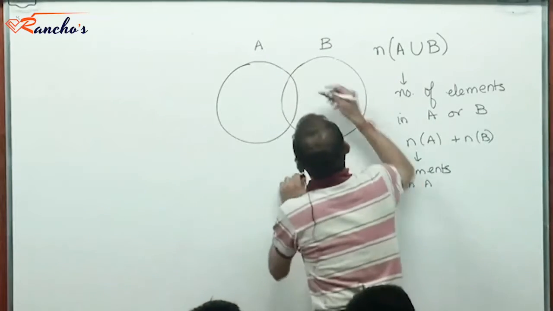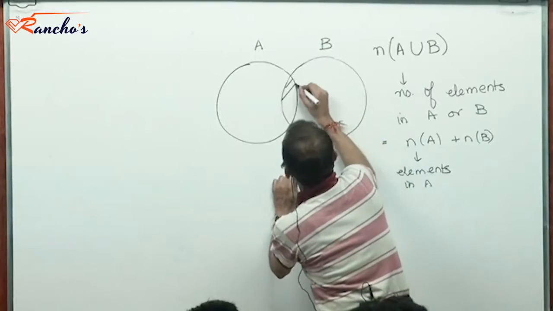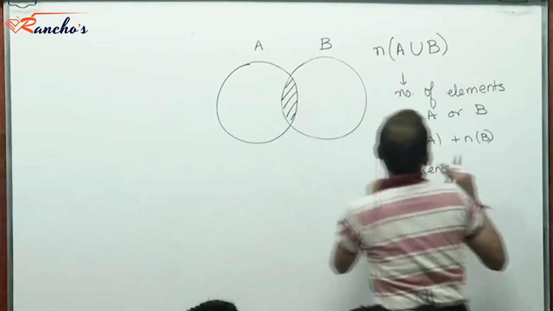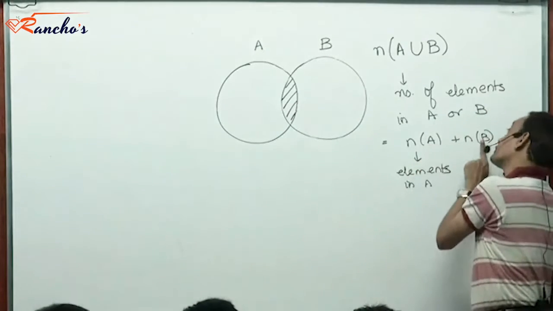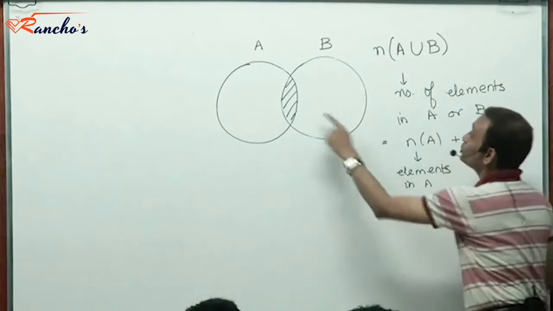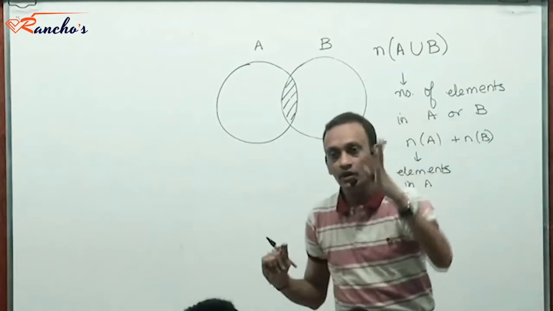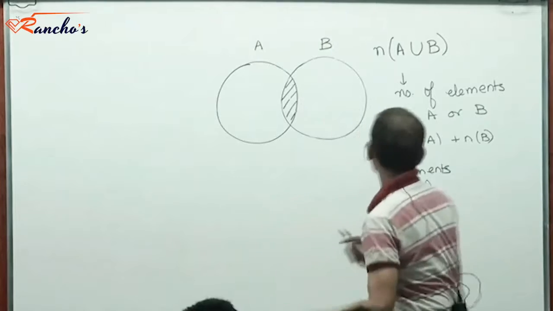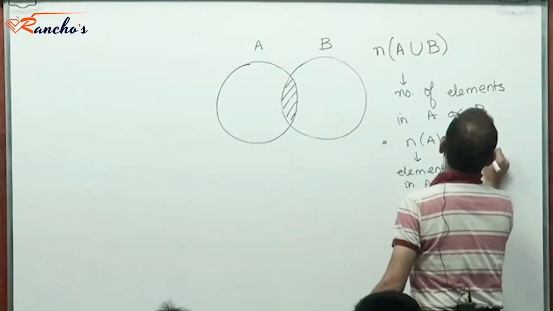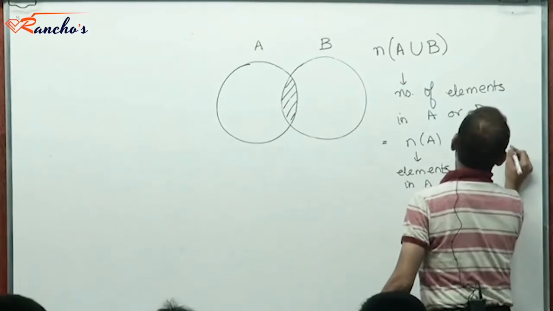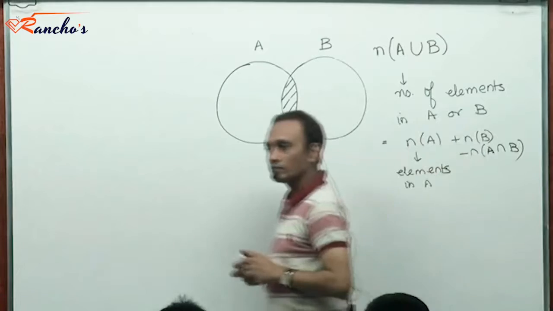The elements that belong to A and B are included in A and are also included in B. So these elements that belong to A and B are included twice. Therefore, you must subtract the number of elements in A and B, right?